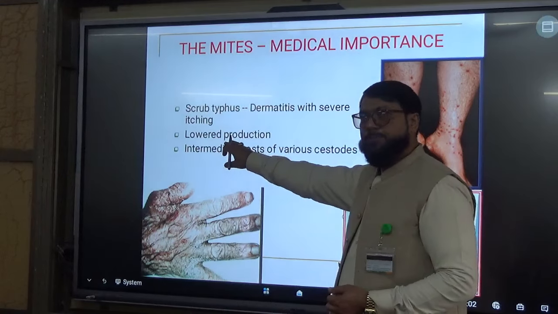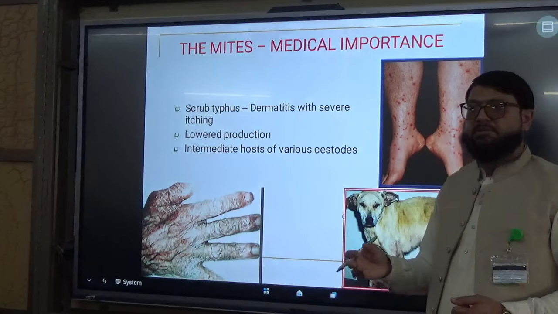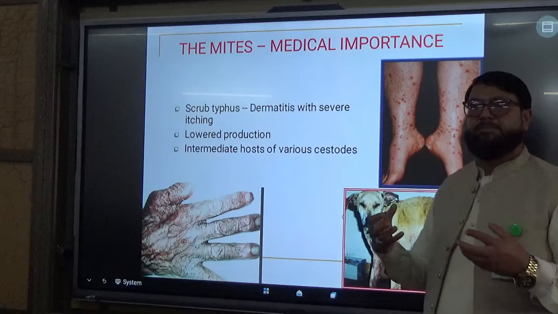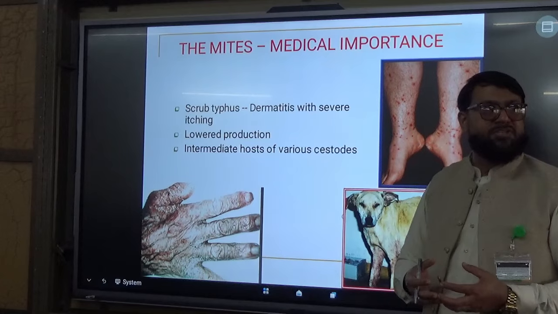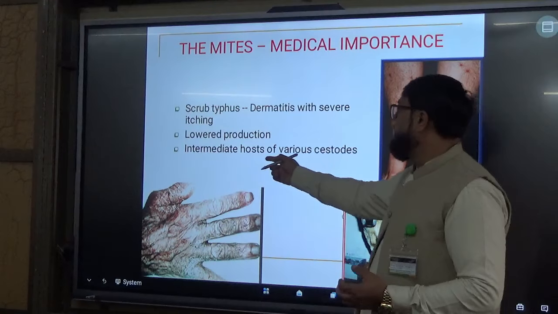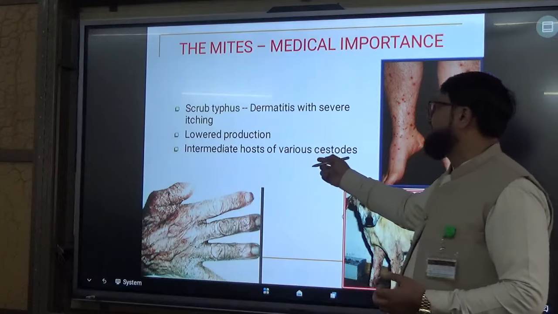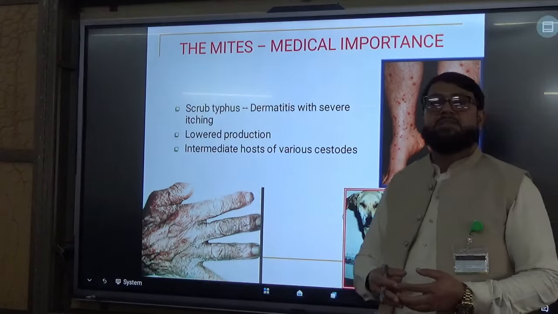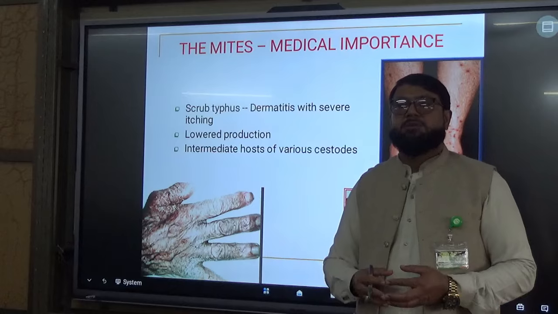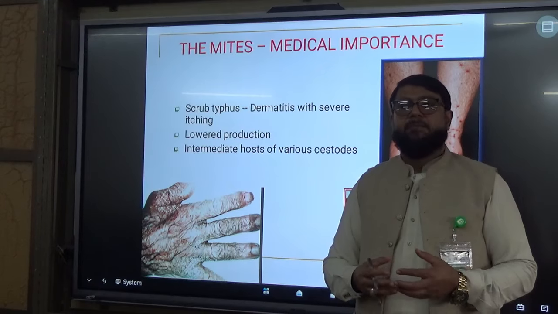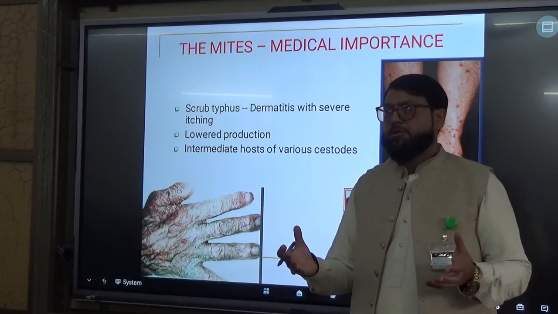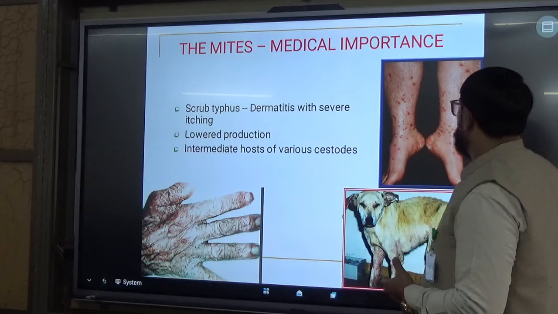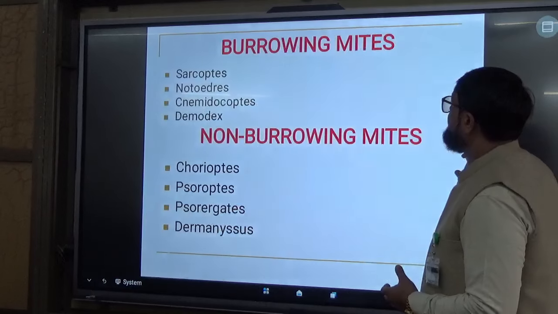It causes lower production in the case of animals, because the animals will keep themselves busy scratching their bodies. And then the intermediate hosts of various cestodes are also among the significant points, as mites cause transmission of a wide range of cestodes to their definitive hosts.